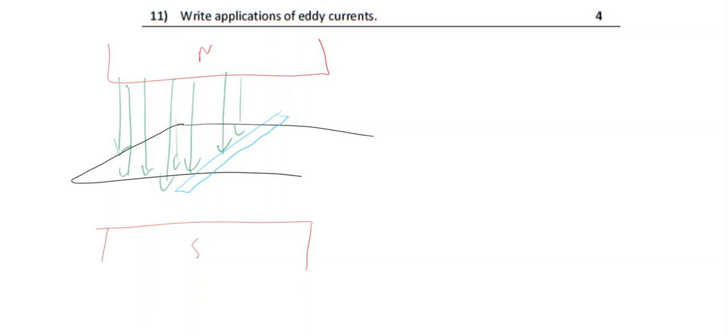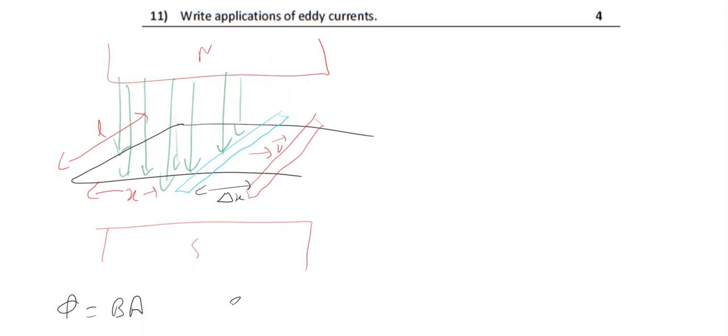And how much is the flux? We said that flux can be given as phi is equal to BA cos theta, where theta is 0 and this is L, this is X. If we move this rod with velocity V, and bring it somewhere here, let the distance be delta x. Then there is change in flux, and because of that there should be induction, and that induced EMF should be BVL.